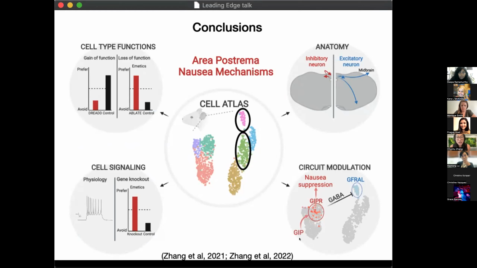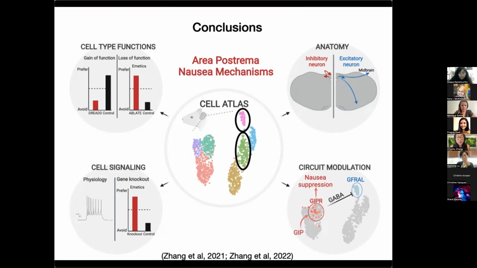And finally, peripherally derived GIP can activate the area postrema inhibitory neurons expressing GIPR, which in turn suppress the area postrema GFRAL neurons. And this can also function at a behavior level to protect against GFRAL-induced aversion. We speculate that the area postrema circuits that integrate reward and punishment signals could guide future consummatory decisions based on need and toxin risks.